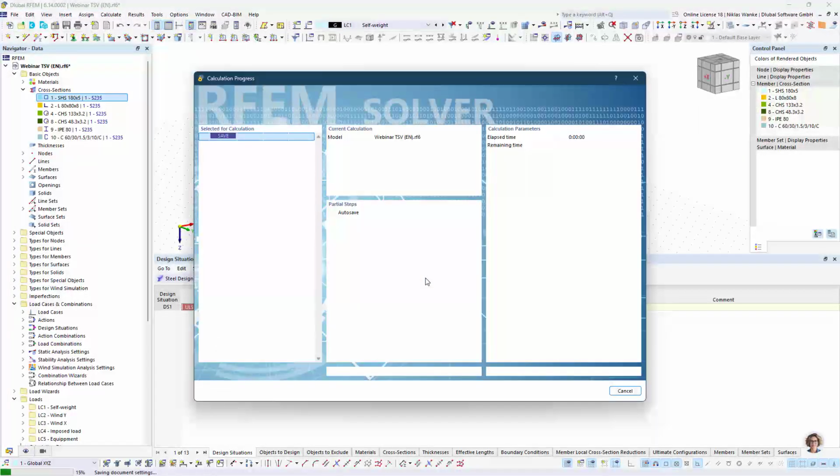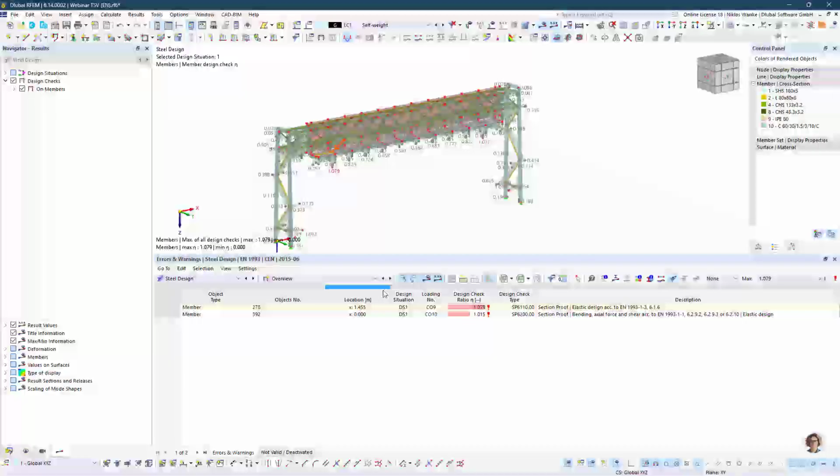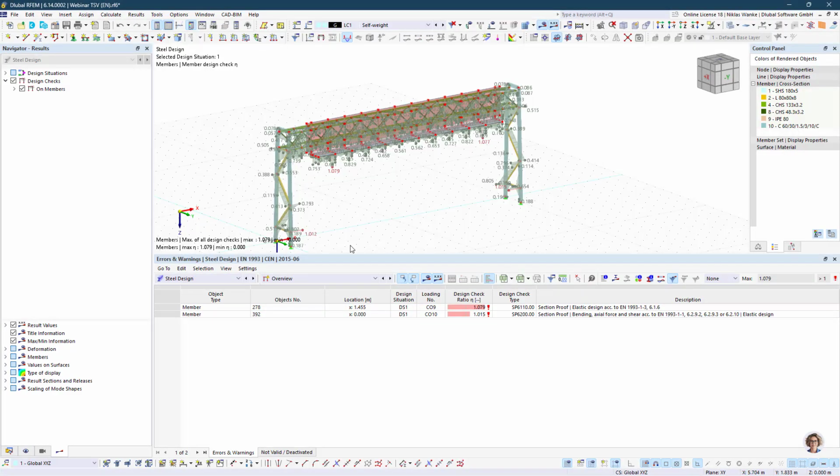And now we can do the calculation again. All right, now the calculation of the steel design add-on has finished.